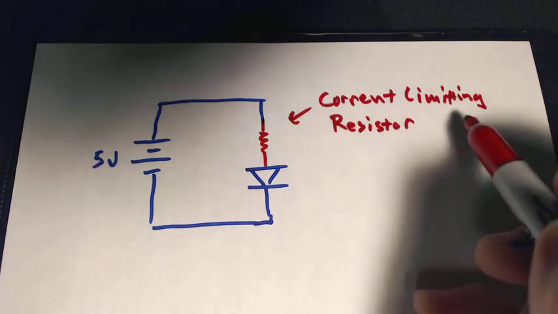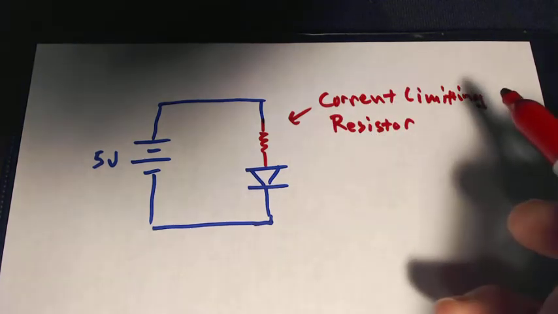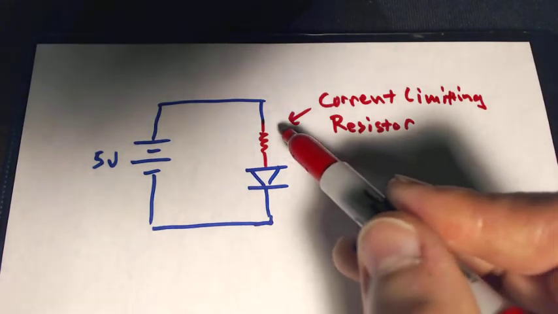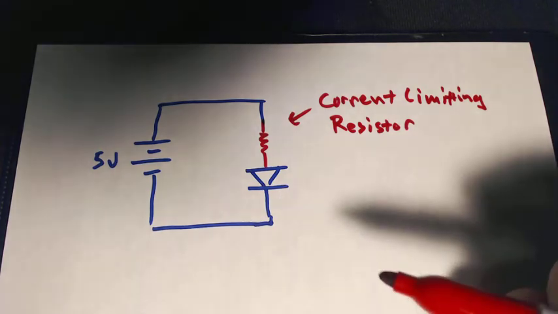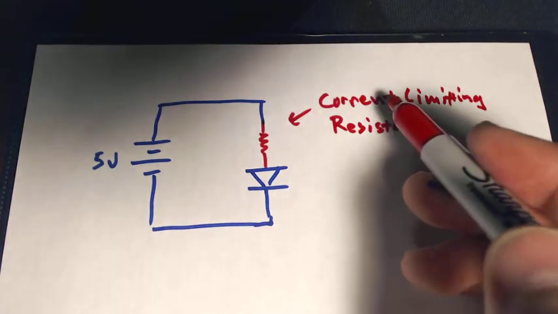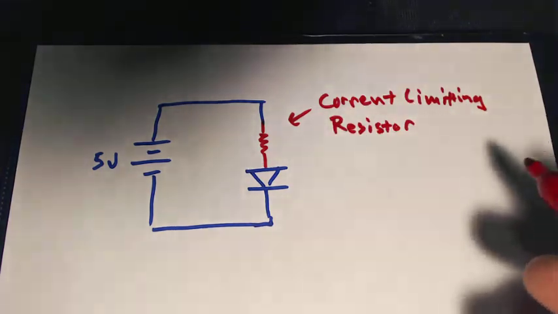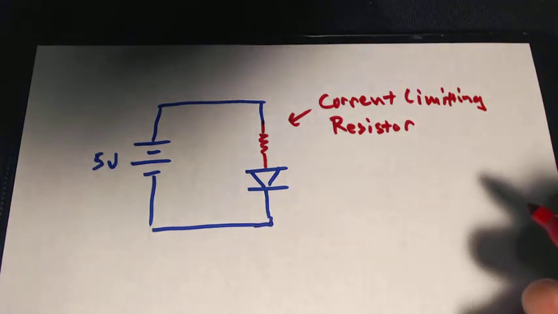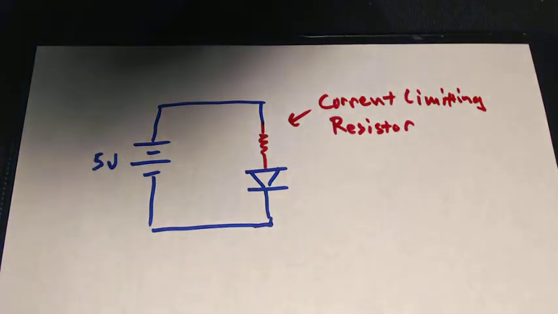This isn't some special resistor that you go out and buy that's called a current limiting resistor. No, this is just a regular resistor that you already have put in series with this diode that is offering this functionality of limiting the current. Okay, so now we can go ahead and do that.